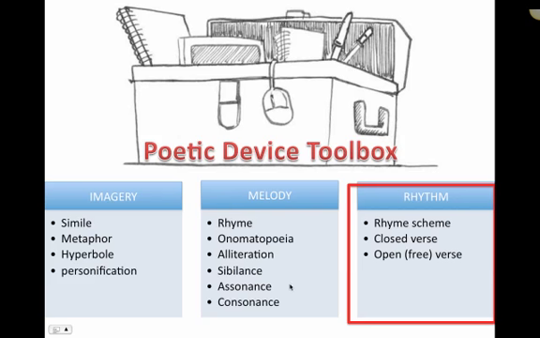We have melody, which deals with how words sound and how they feel in your mouth. And then rhythm has to do with how words move, what the beats and the meter are, where do you say words fast, where do you say them slow. So that's the rhythm of the poem. And that's it. We'll be studying these more in depth in each of the coming lessons.